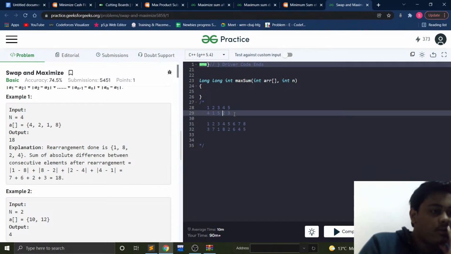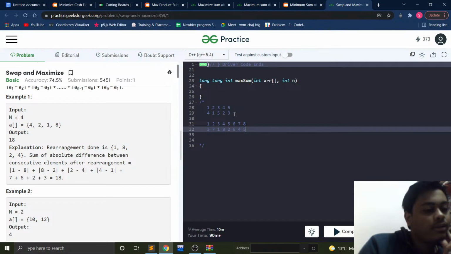Every time the last value which I encounter is the middle value. Three is in the middle of 2 and 4, yes, and 5 is in the middle of 4 and 3, no, the 5.